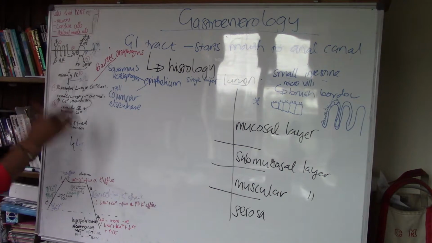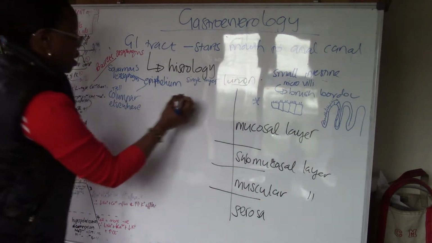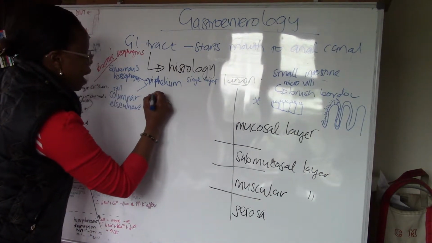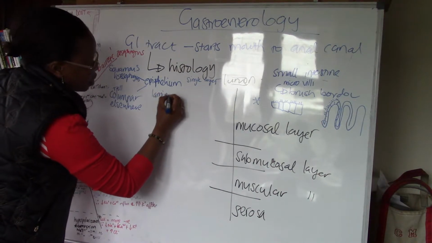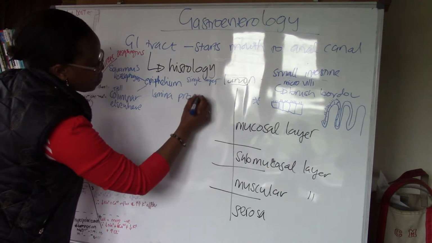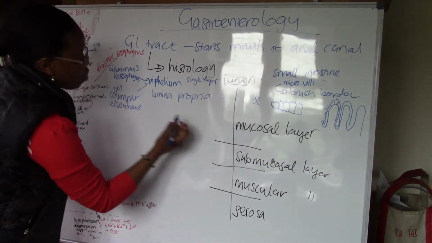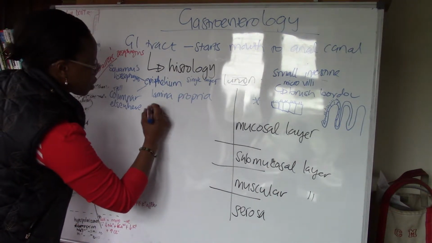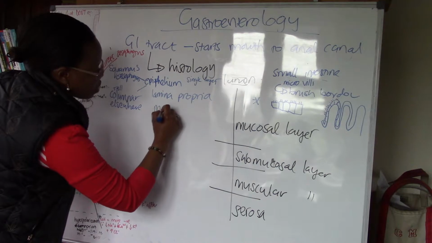After the epithelium, we then have the lamina propria, and then the muscularis.